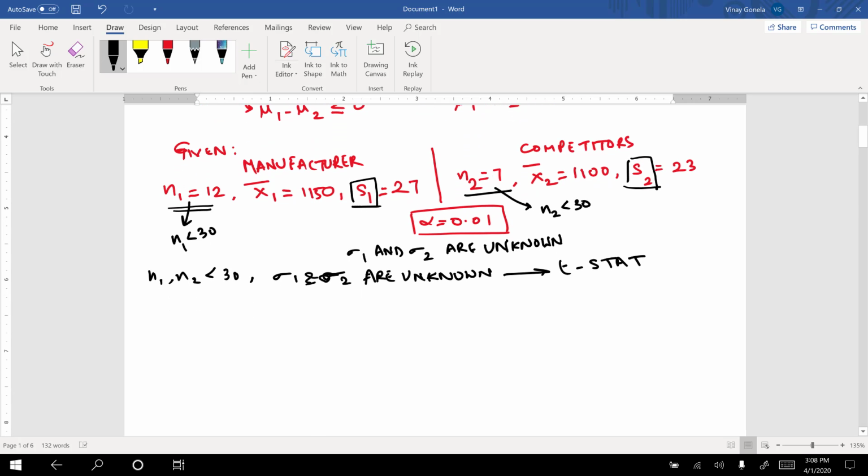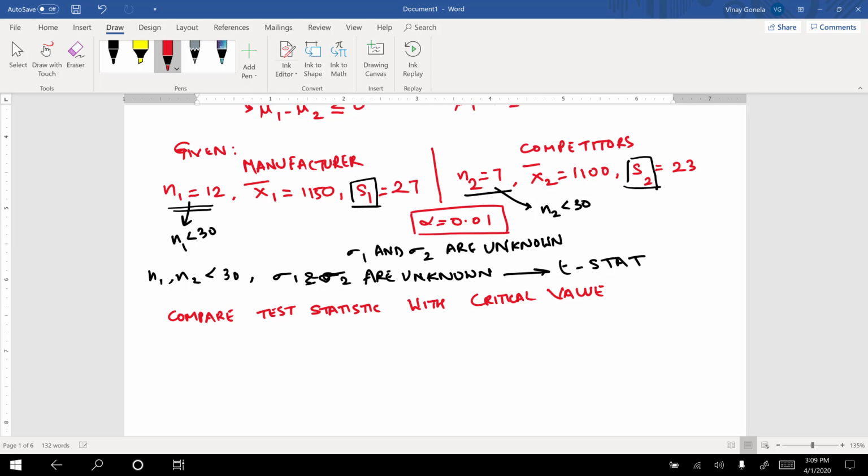The next step of hypothesis testing is to compare the test statistic with the critical value.